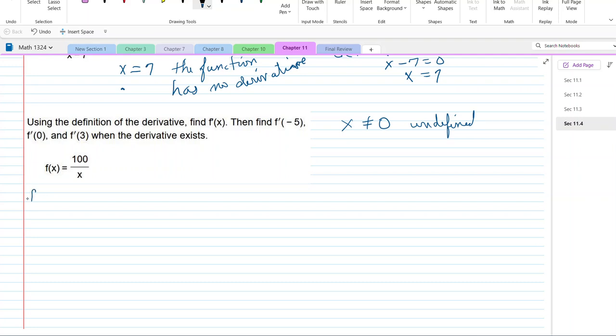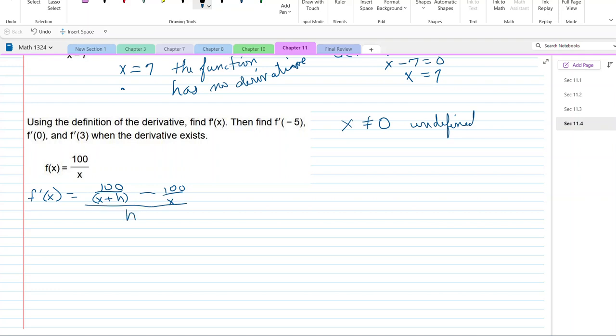So we want f prime of x, and that's going to be 100 over x plus h minus 100 over x, all divided by h.